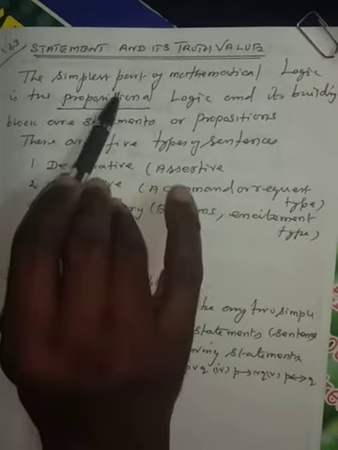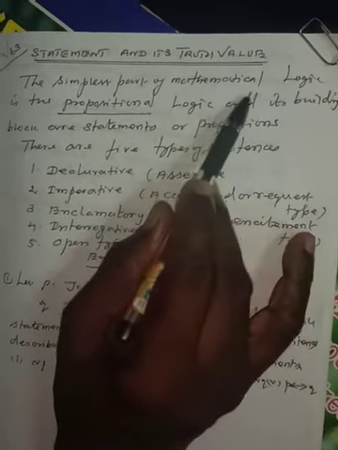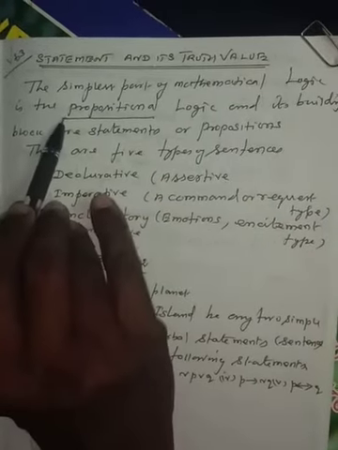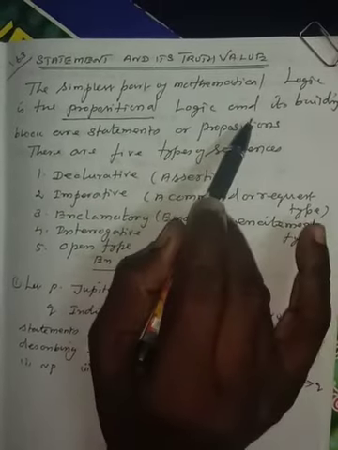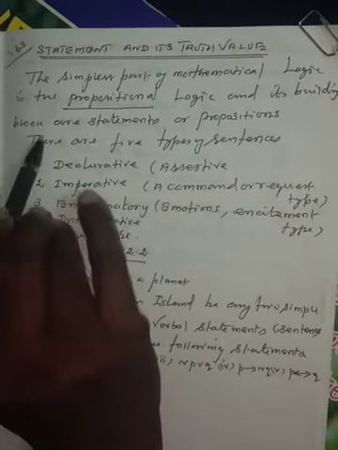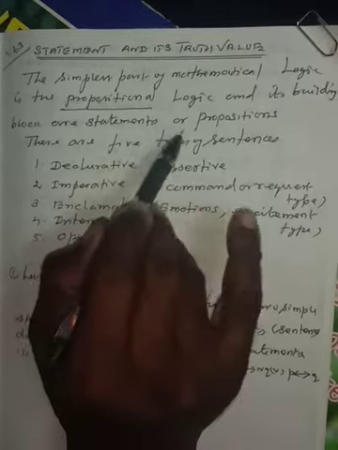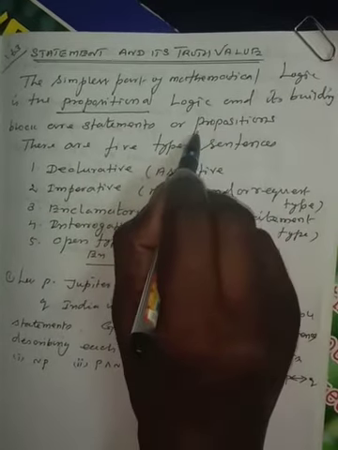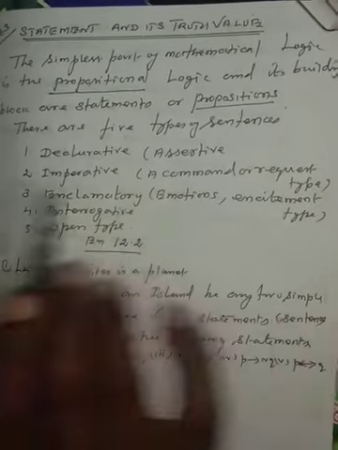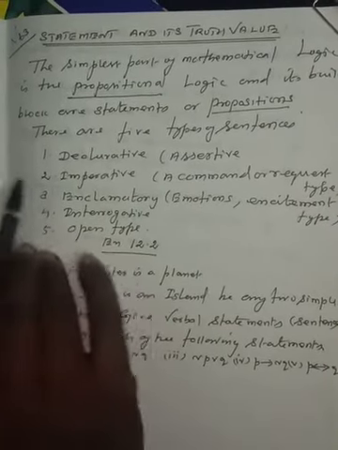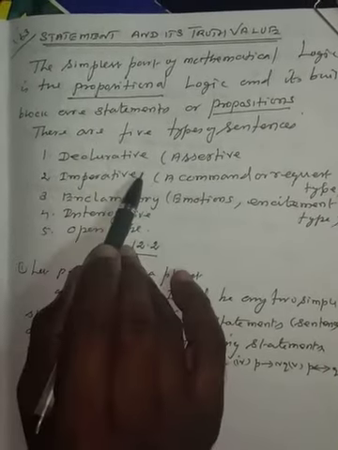The simplest part of mathematical logic is propositional logic, and its building blocks are statements or propositions. There are 5 types of sentences. Number 1, declarative.